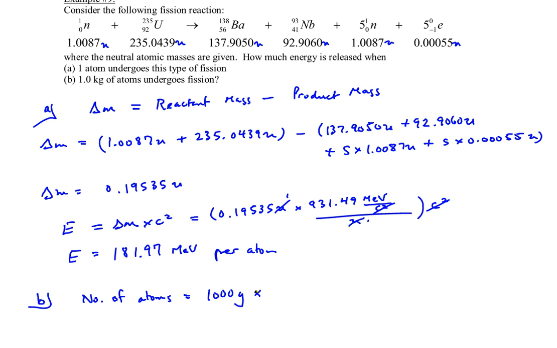And we're dealing with this nuclei, this fissile material, uranium-235. If you think of atomic mass units, this is the amount of grams per mole that we have. So we have 1 mole all over 235.0439 grams. You can see the grams will cancel out, and now I have moles.